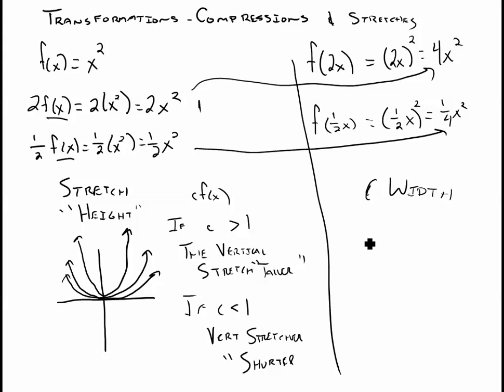If we have our graph of x squared looking something like this, then if we double the input, it does look like it's gotten taller. But since what's happened is the input has changed, the graph has gotten skinnier, because our change has been horizontal.